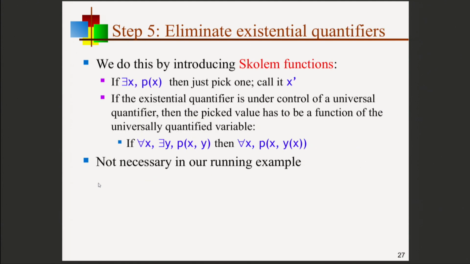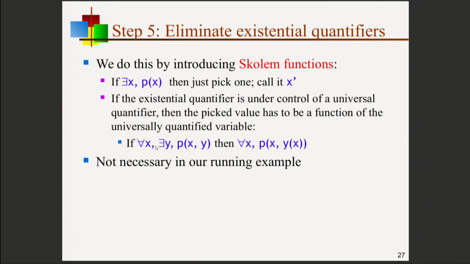In step 5, we are eliminating existential quantifiers. We are doing it in two ways. One is called constant, another one is called function. Suppose we have something like there exists x p of x, then we will just call it a constant.